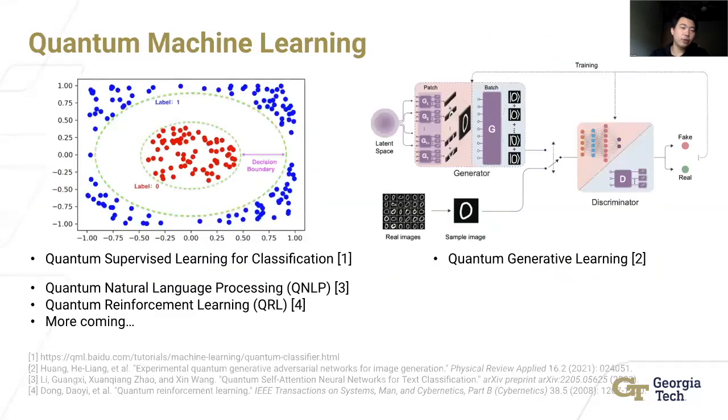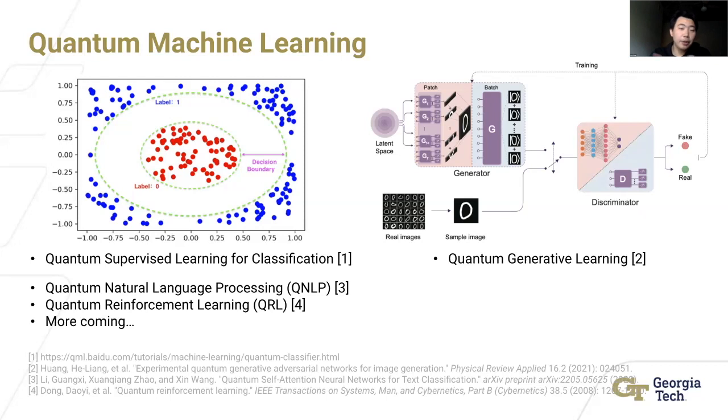The next topic is quantum machine learning. The idea of quantum machine learning is you borrow some classical machine learning tasks and use variational quantum algorithms, parameterized quantum circuits, to replace the neural network and see if this gives you better performance with fewer parameters compared to classical machine learning approaches.